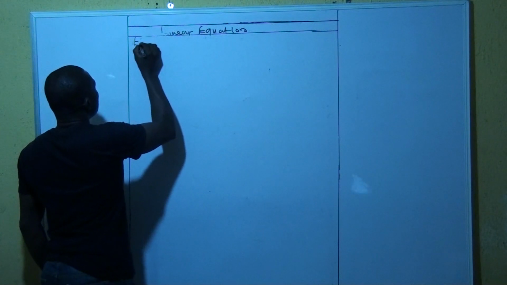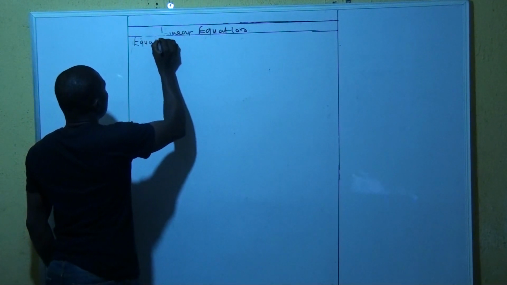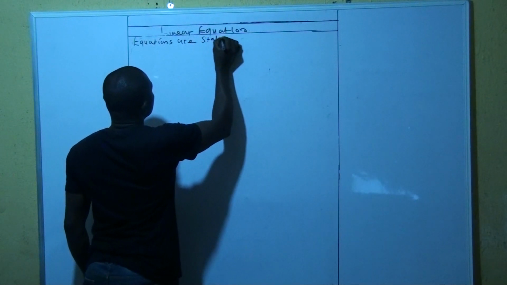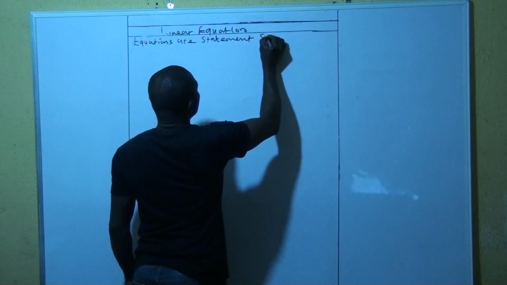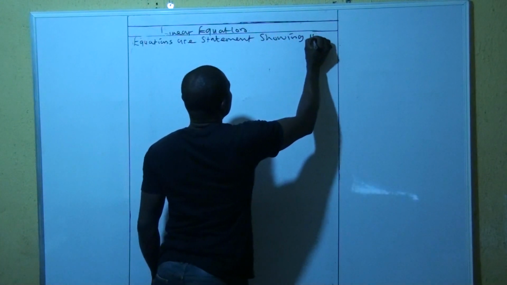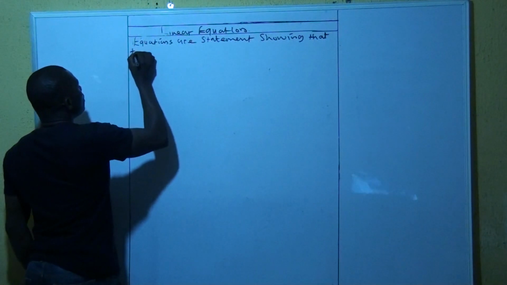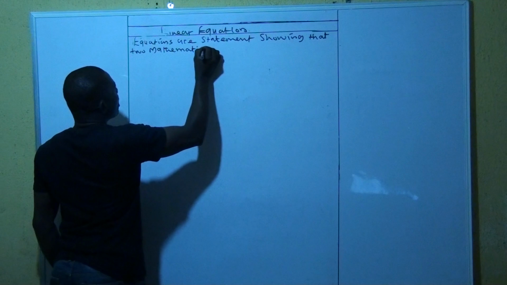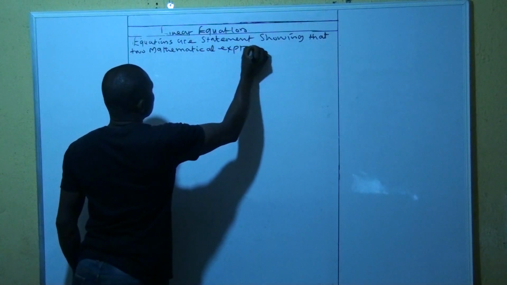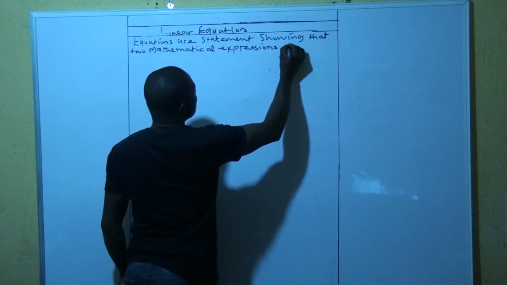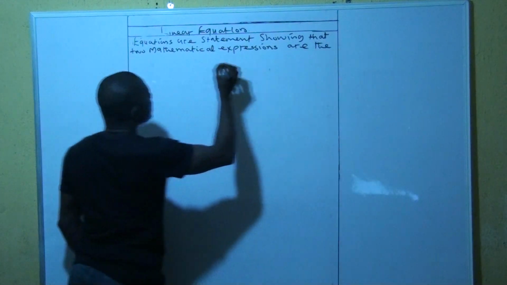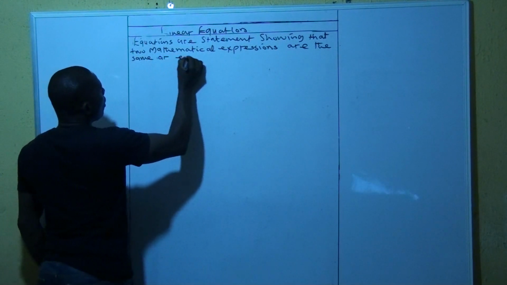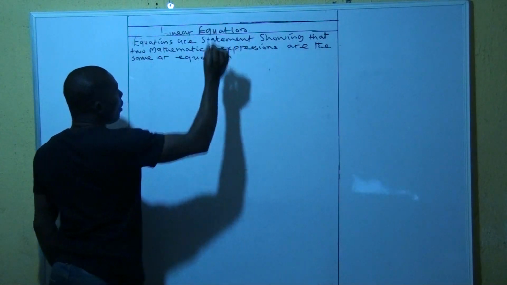Now, in mathematics, equations are statements showing that two mathematical expressions are the same or equal.